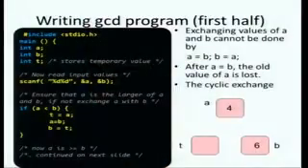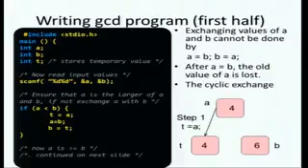So we have two variables A and B that we need to swap. One thing we can do is keep a third variable T. First I will copy the value of A to T. Now I have a backup copy.